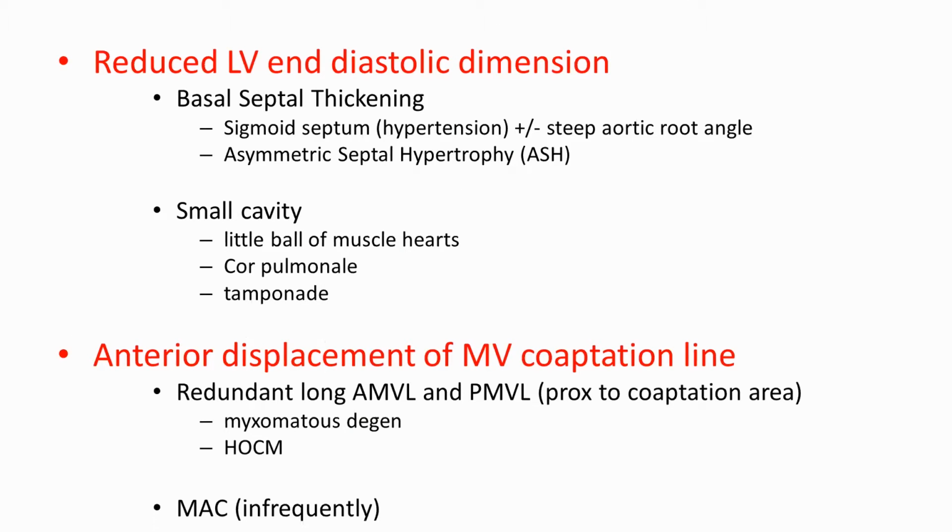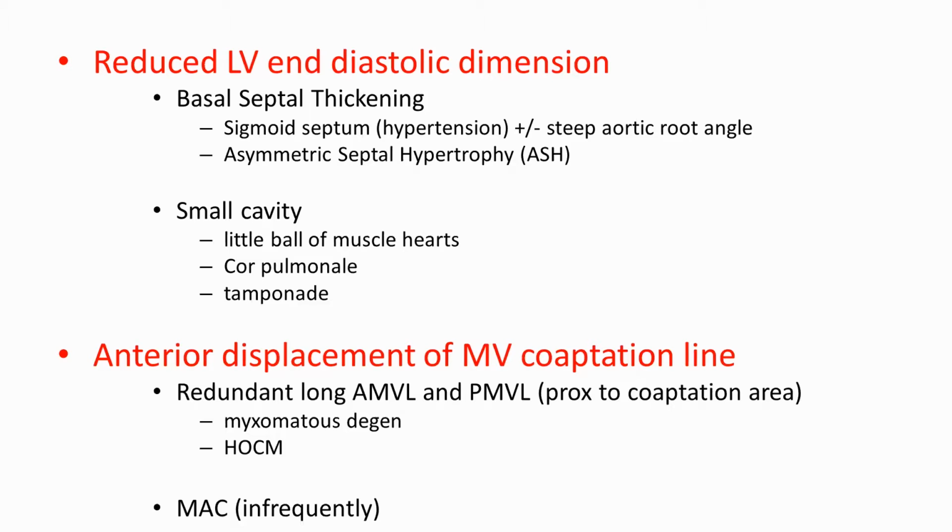So why does this happen? Well, you need a substrate for this to occur, and it's both anatomical and physiological. The two anatomical substrates associated with outflow tract obstruction are a reduced left ventricular end-systolic dimension and anterior displacement of the mitral valve coaptation line.